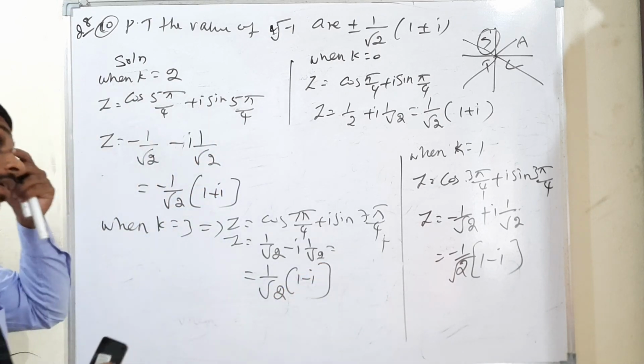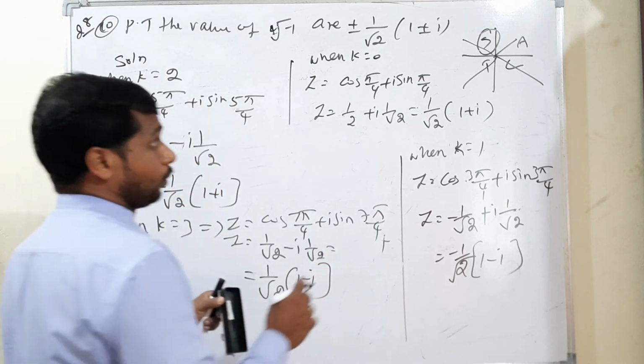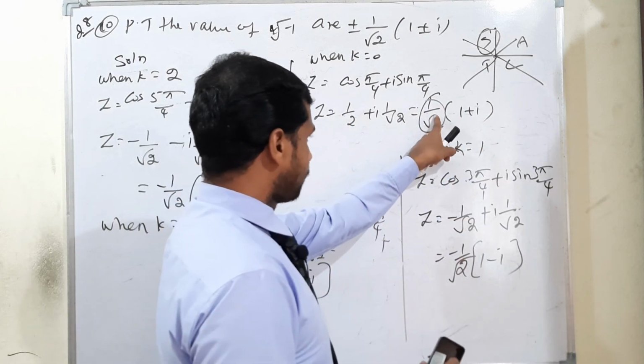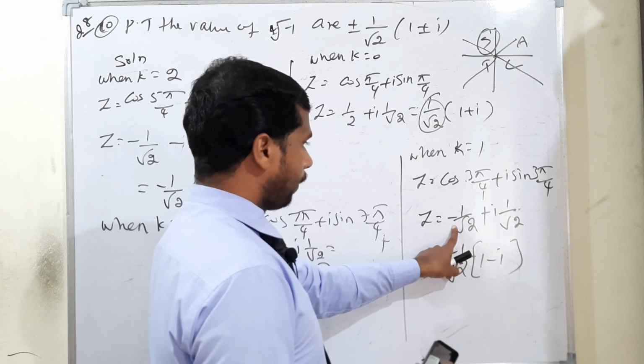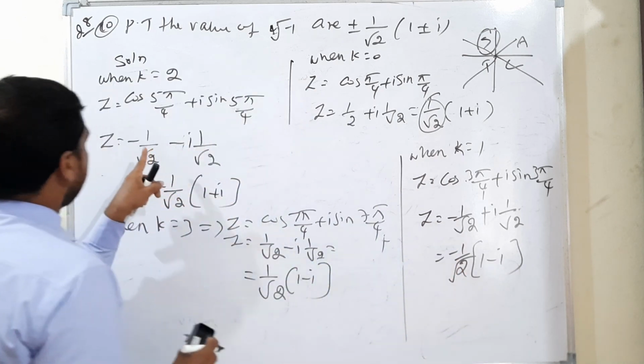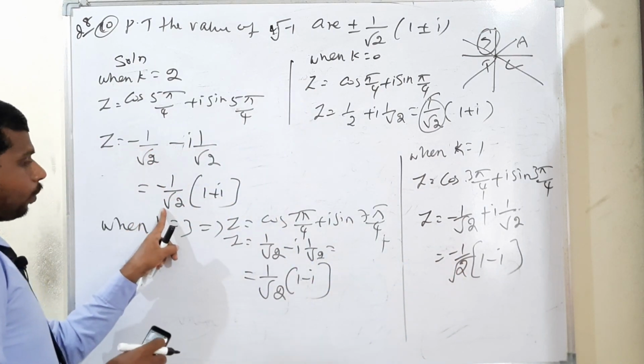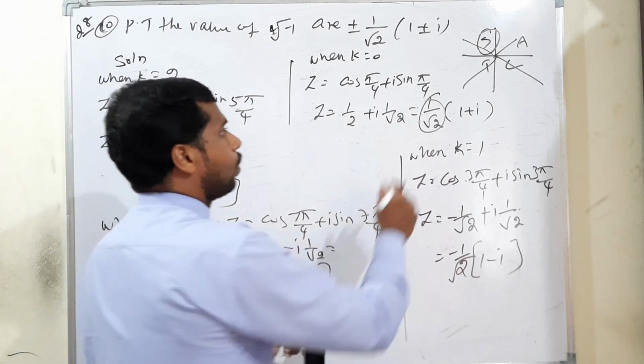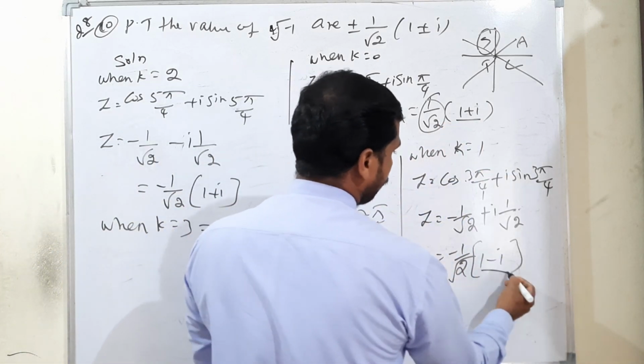Look at there, when k is equal to 0, what are the roots? When k is equal to 1, positive 1 by root 2 outside, and for the other, negative 1 by root 2 outside; here also negative 1 by root 2 outside, and one positive 1 by root 2 outside. Then in the bracket, one is 1 plus i, another is 1 minus i.